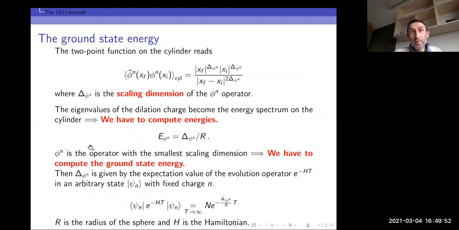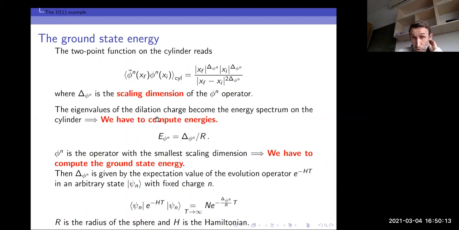And more technically, what we are going to compute, again, we are working with the 2-point function of the phi n and phi n bar scalar fields now in the cylinder, and they take this form in the CFT. Again, delta phi n is the scalar dimension of the phi n.